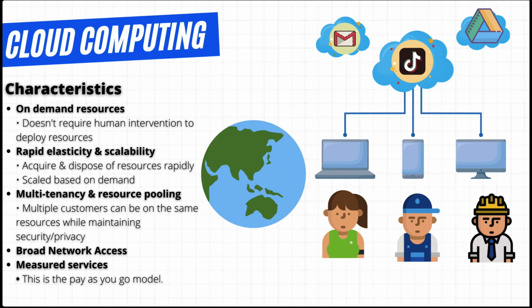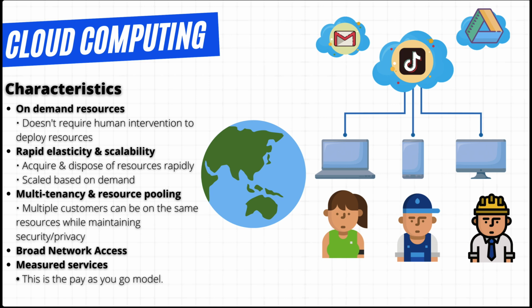With broad network access, we can deploy these servers anywhere we have access to the internet. We can deploy important workloads for your company from the comfort of your pajamas. And boy, do I love being in my PJs.